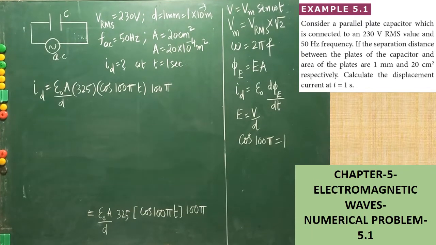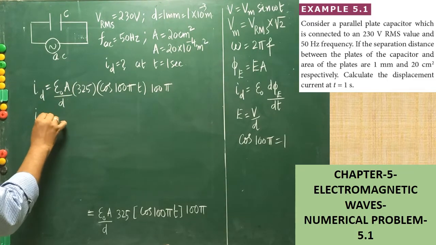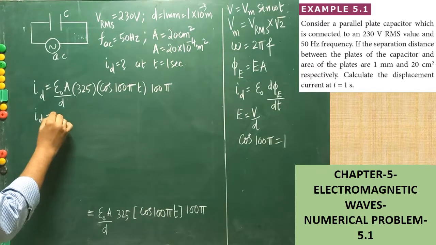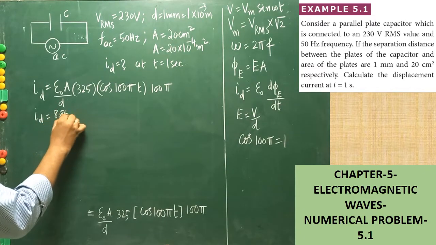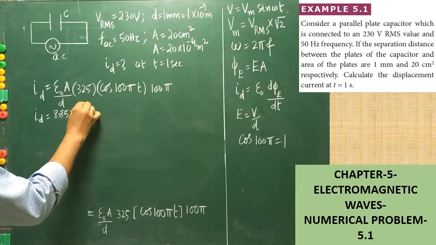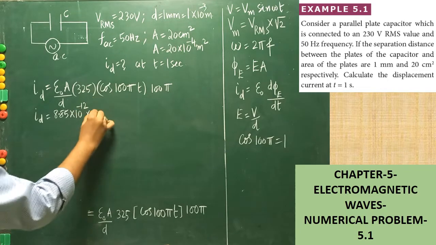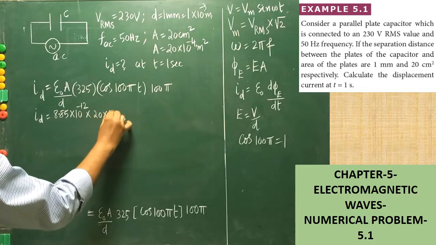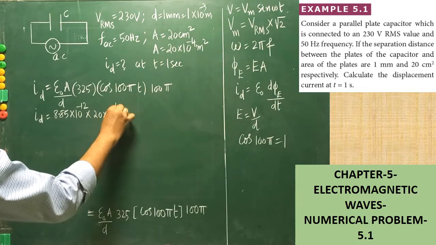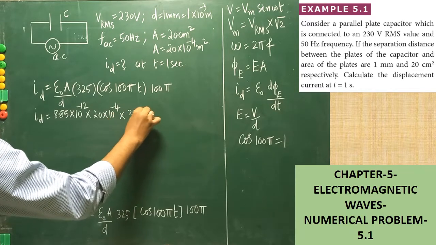Now, we have to substitute the required values in the formula. ID is equal to epsilon naught value, 8.85 into 10 to the power of minus 12, and then the area of the plate, 20 into 10 to the power of minus 4, into 325.